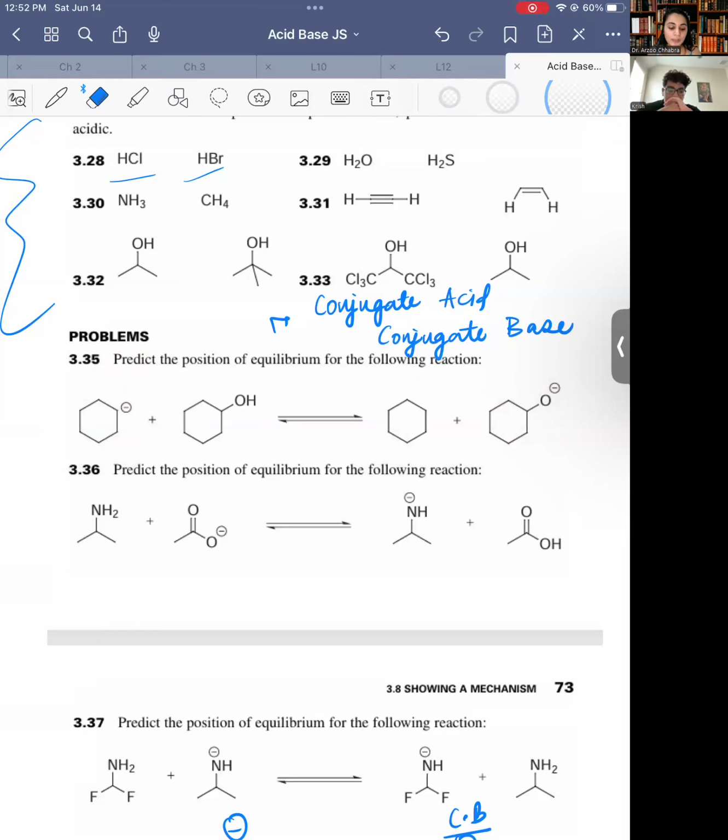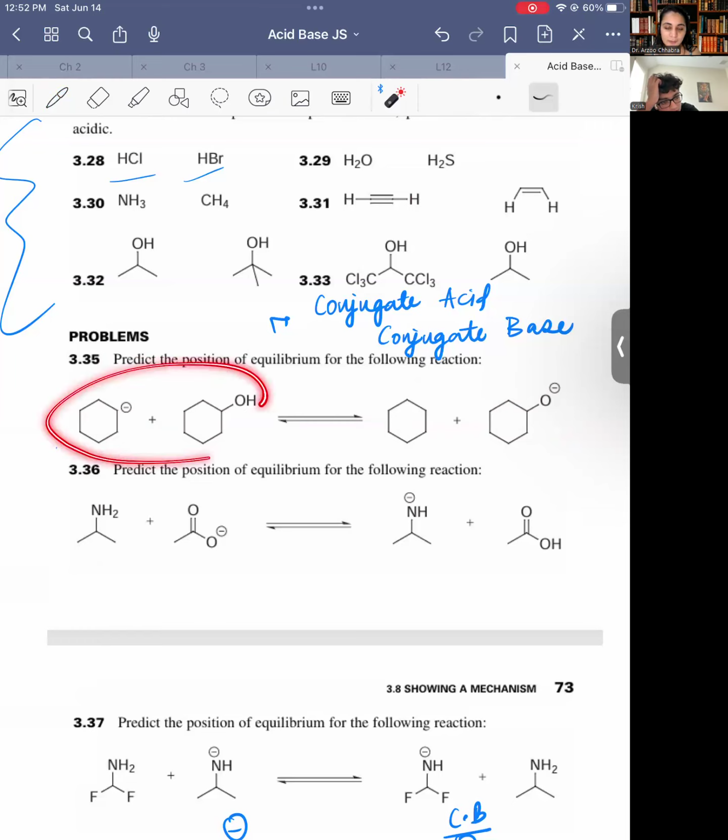So in Orgo, because we kind of memorize pKa's, they'll make you memorize the pKa values. So we're always looking at the acidities of acids, right? And if we just look at these two compounds, by definition we learned that an acid is a compound that will donate its H plus, right?